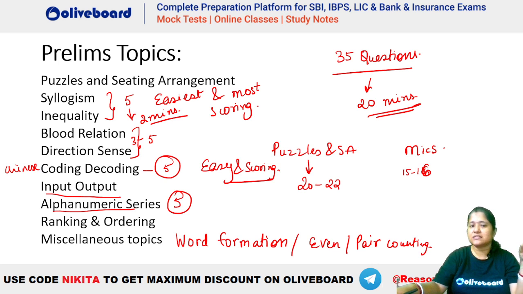So if blood relation is there, you can attempt it in the end, or you can just go through it very quickly and check whether it is a tricky question, whether you have the connectivity between the people or not. So keep that in mind. Do blood relation and direction sense a bit carefully. Apart from that, the other miscellaneous questions will be absolutely direct, nothing to worry about.